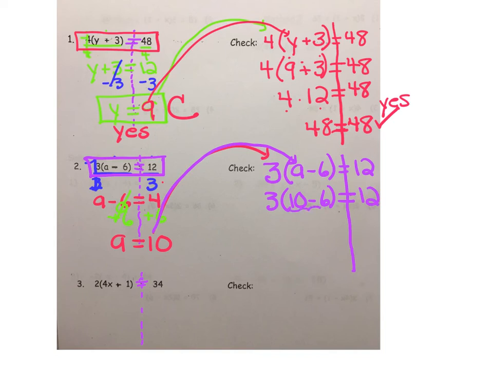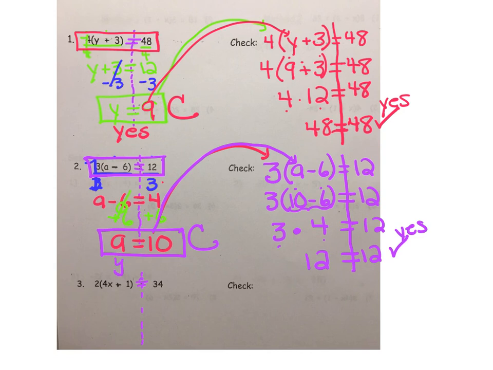Well, start your work in your parentheses. Follow the rules of PEMDAS. 10 minus 6 gives us a value of 4, and 3 times 4 makes our left side worth 12, and our right side is already 12. So yes, it does check out. The correct answer is indeed a equals 10.